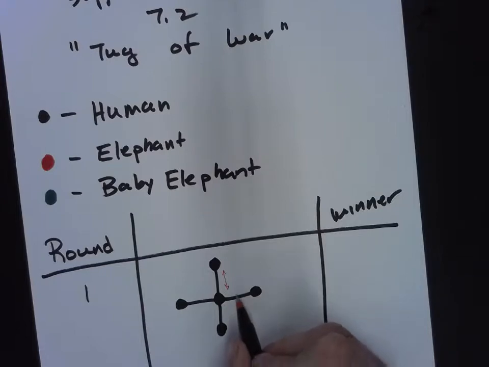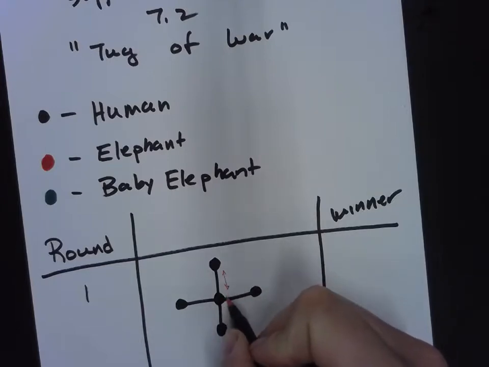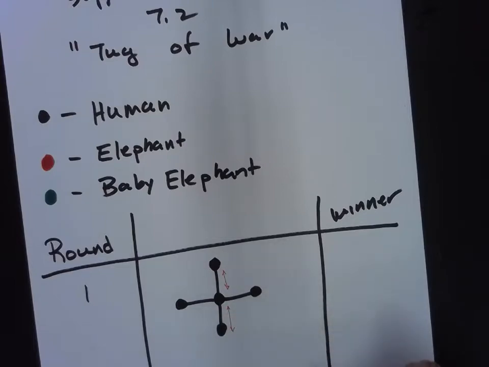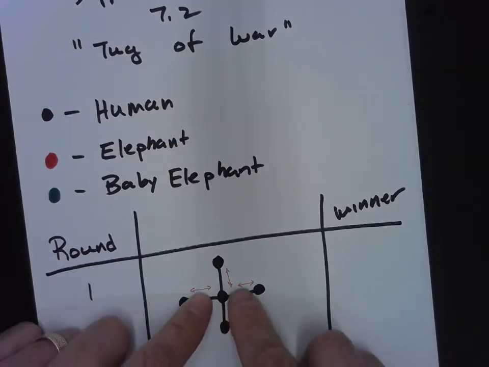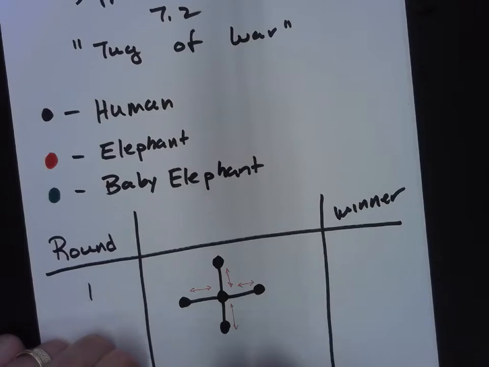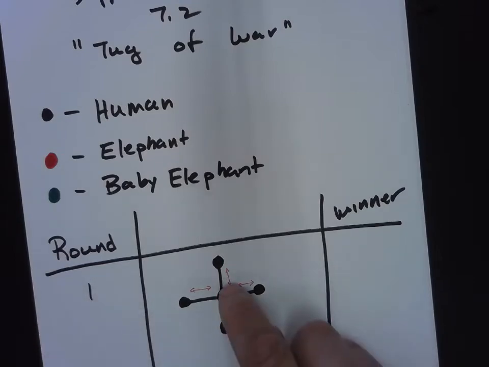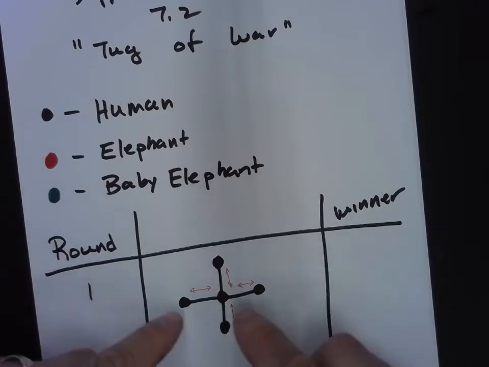So in this case, we've got 5 humans, arranged kind of geometrically like this, right? So these two are having a tug of war. And on the flip side, these two are having a tug of war. And over here, there's a tug of war going on this side, and another tug of war going on that side. So in a situation like this, with everybody pulling kind of in the same direction, you've got one person pulling in towards the center and the other pulling out, and they're all kind of equally matched.